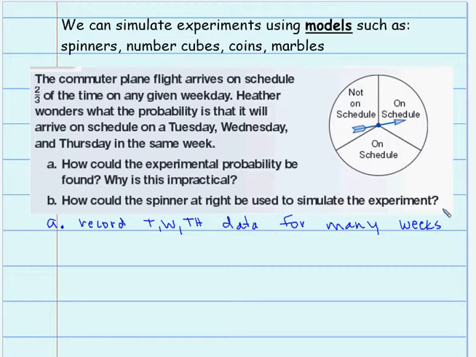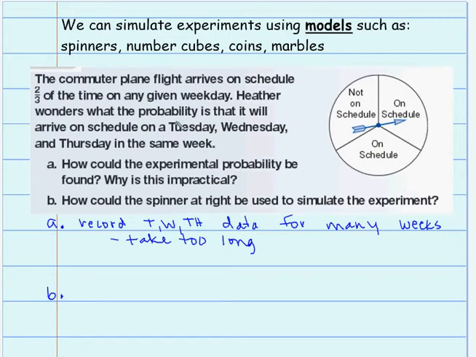Businesses may use their actual data to determine these scenarios over time, but if it's an experiment, if I asked you to do this, would you actually have time to record the Tuesday, Wednesday, Thursday data? No. It would take too long. That's why it's impractical.